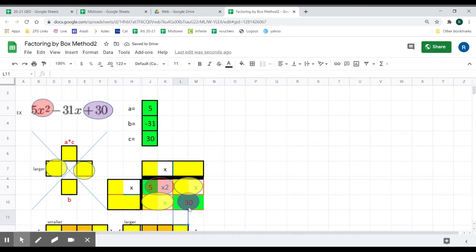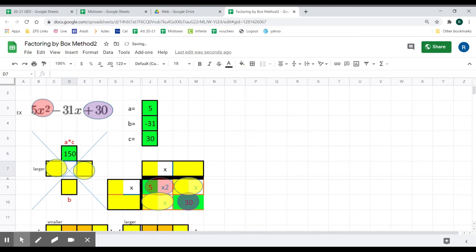So this is purple, this is pink, and this is pink up here, 5x squared. Over here it says A times C, where A is 5, C is 30. So you're going to take the first number and multiply it by the last. So that'll give you 150.